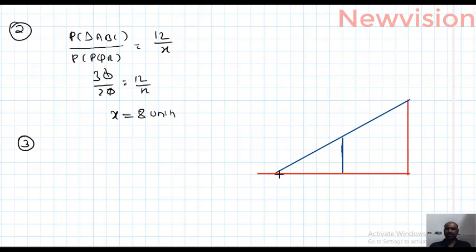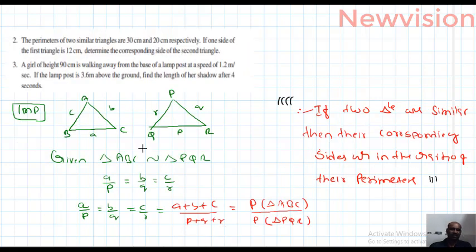Now the front shadow, this is her shadow after 4 seconds. So I want to take this as x, y, something is given, I want to write. So I want to label it A, B, C, D, E. This is perpendicular.